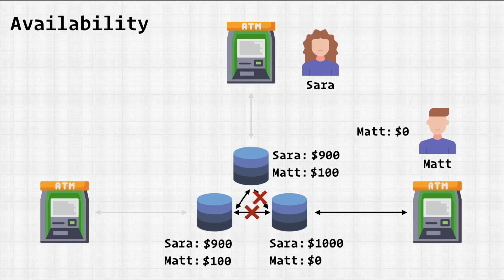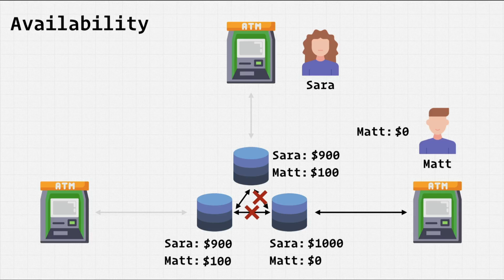Because an available system will always give you back a value, regardless of whether or not the data is stale or not. The whole idea of an available system is to always provide back data, even if the data cannot be guaranteed to be the latest and freshest data. So if your system prioritizes availability, then that's what you're doing.